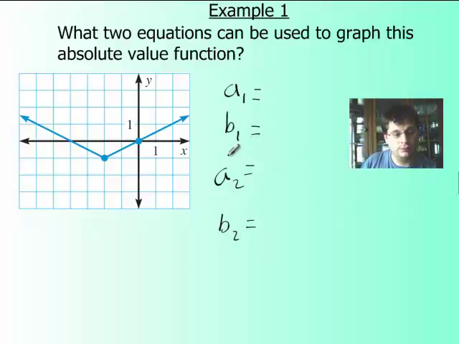Okay, so let's start off with the first line, which I'm going to call the right side. If I look at the slope, I would just pick 2 points. So let's say one here at the vertex and one up here. If I were to count this out, it looks like I'm going to the right 2 and I'm going up 1.